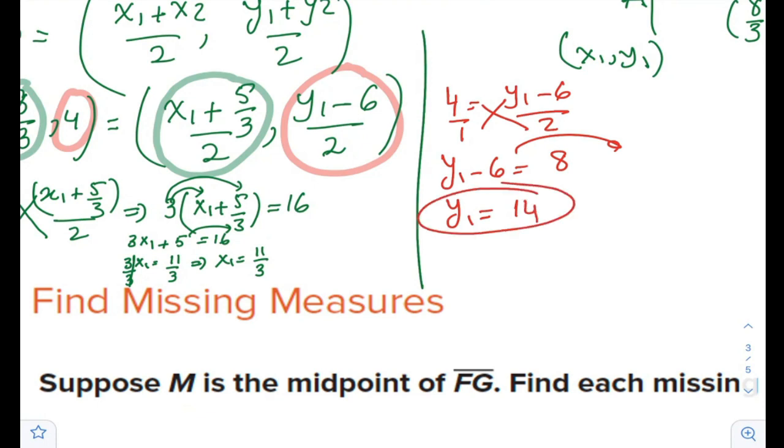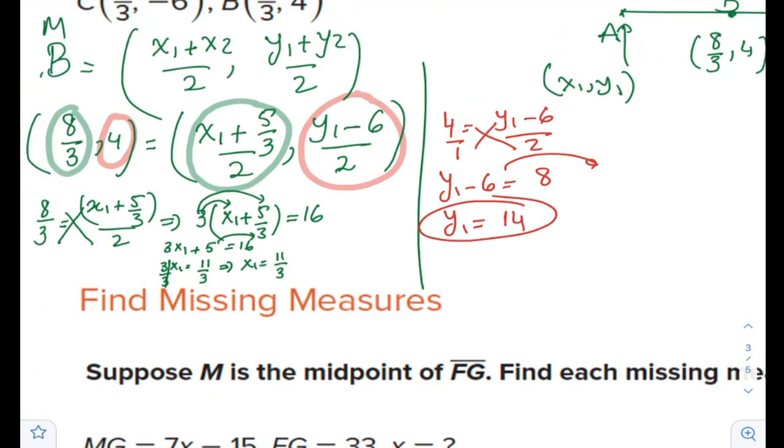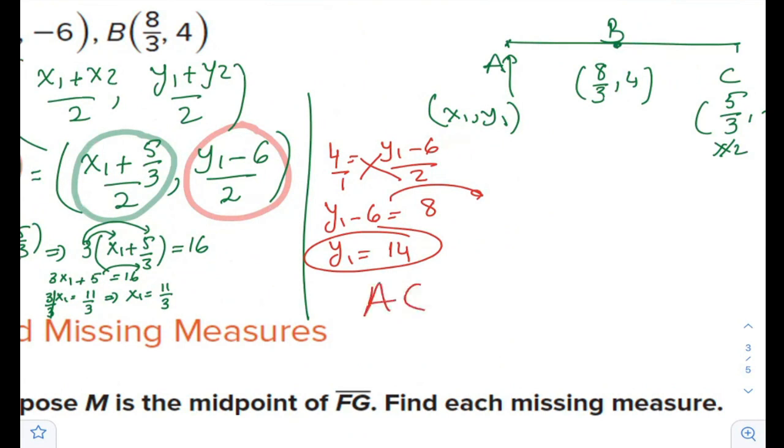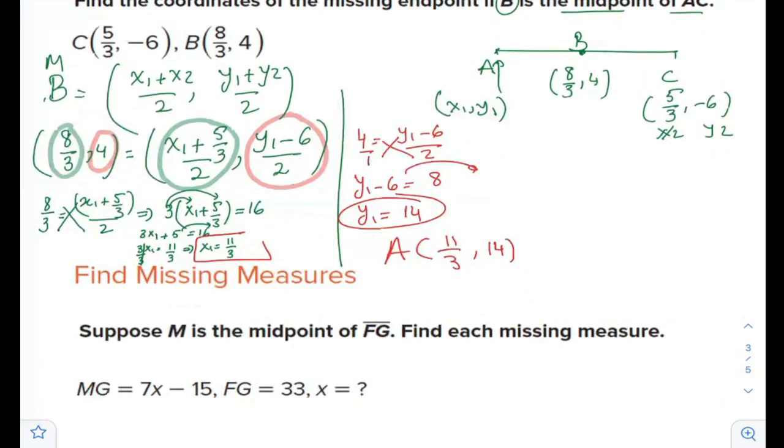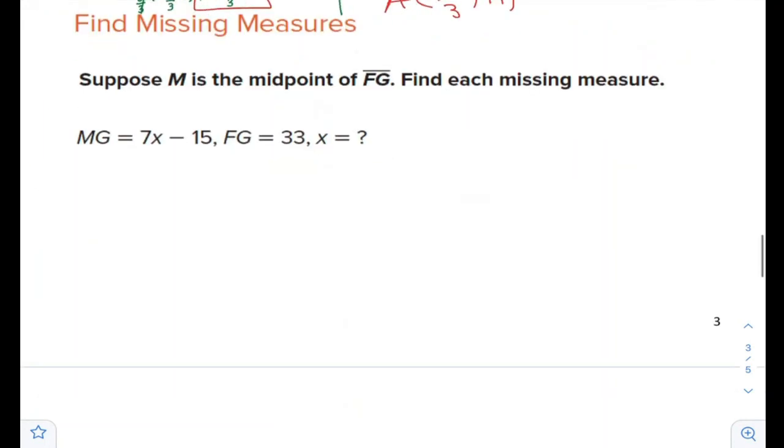So that means we have the missing coordinate, which is A, with x1 which is 11/3, y1 which is 14. Have a look. If you have any difficulties, repeat it back and tell me if I've done any mistakes in the comments. Now let's see if we can find the missing measure on the segment.